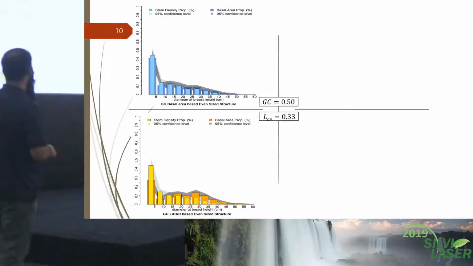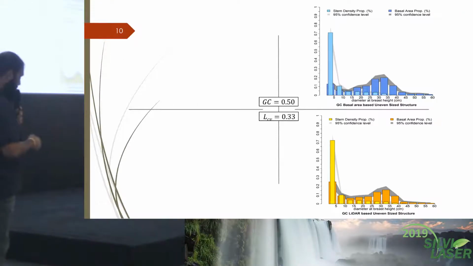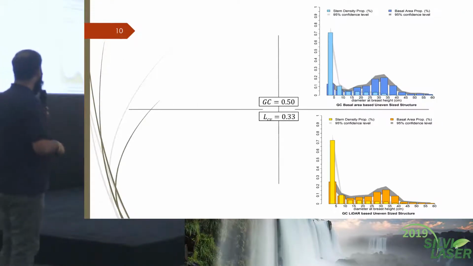If we calculate the Gini coefficient from basal areas, the maximum entropy reaches 0.5, but if we calculate the GC from LiDAR tree heights, the maximum entropy reaches 0.33. Similarly, for the uneven size forest structure, we have almost similar basal area and diameter distributions.